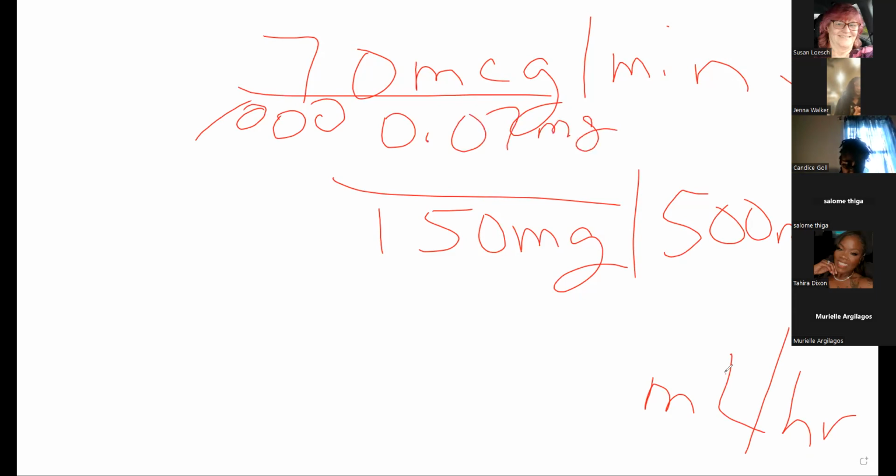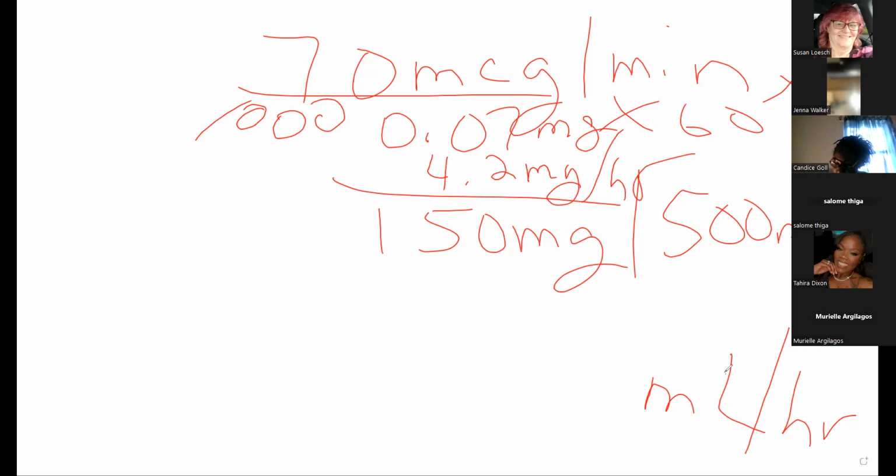And now we have to multiply both sides by 60, right? That gives you 4.2 milligrams per hour. And now you'll end up with mLs per hour because it's going to cross out.